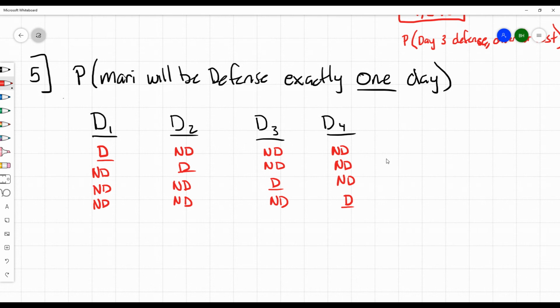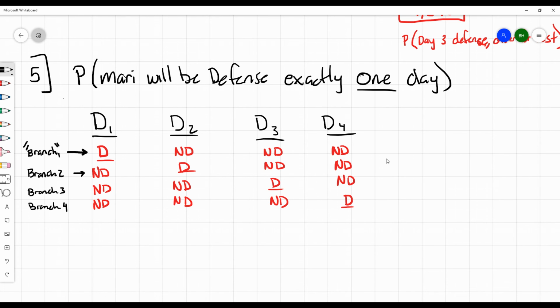Each one of these rows is a different, I'm going to call them branch, so that way we can refer to them a little bit easier. It's another branch on the tree diagram. So this is branch 1. This is branch 2. This is branch 3. And this is branch 4.